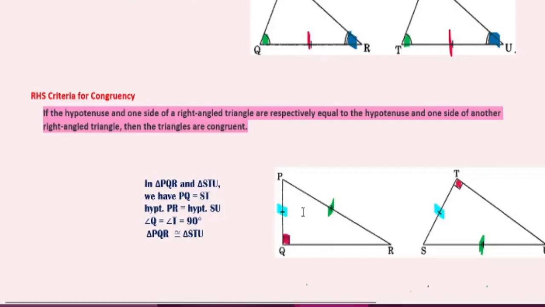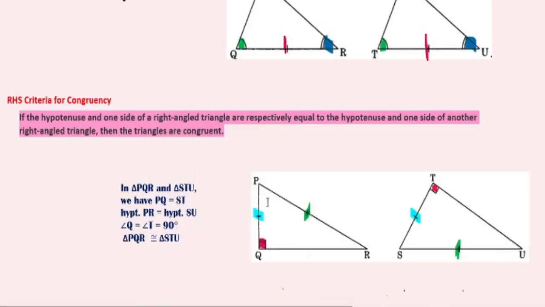If in a triangle one of the angles is 90 degree, it is known as right angle triangle. So in a right angle triangle, the side opposite to the right angle, that is known as hypotenuse. So here PR is the hypotenuse and in the second triangle STU, SU is the hypotenuse.